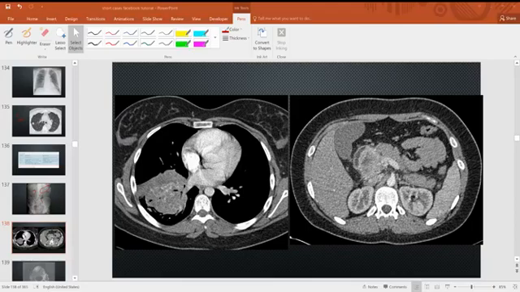Anybody knows what is kidneys? Okay, cancer head of pancreas. Someone writes right pancreatic mass suspicious.